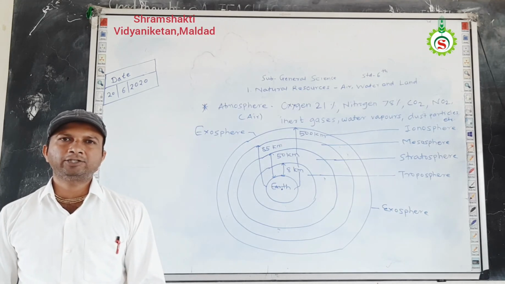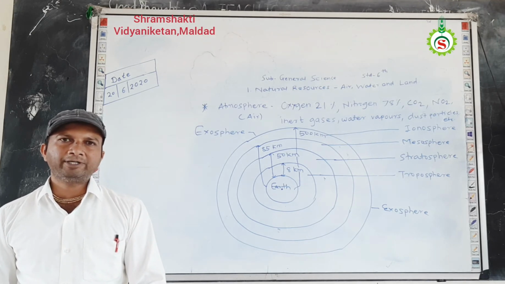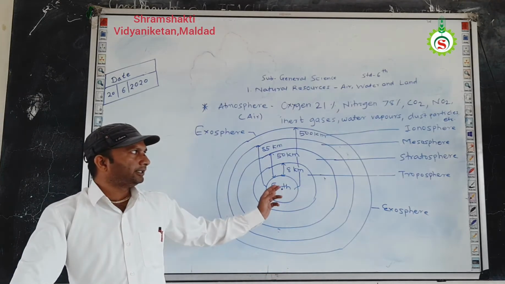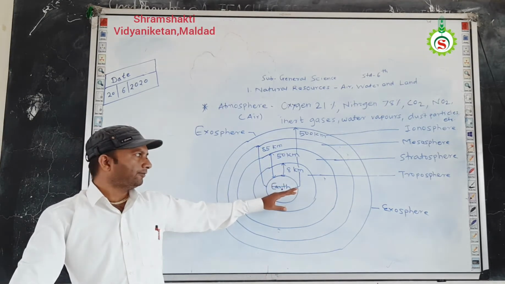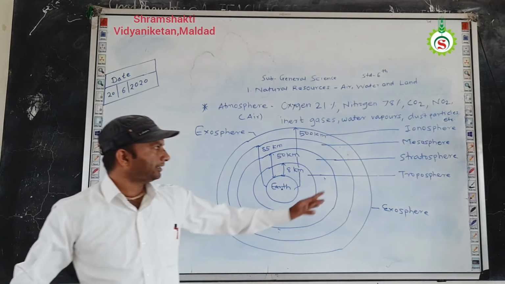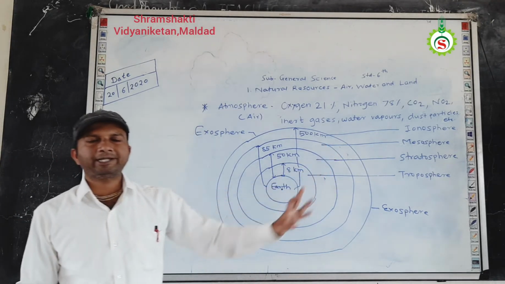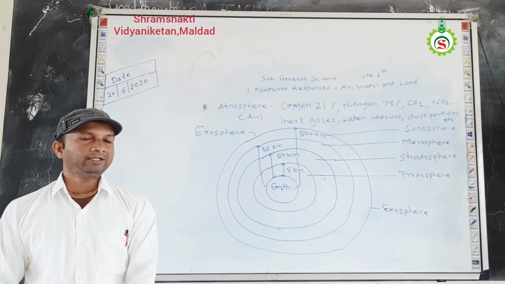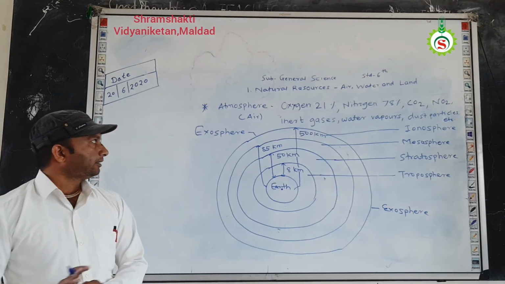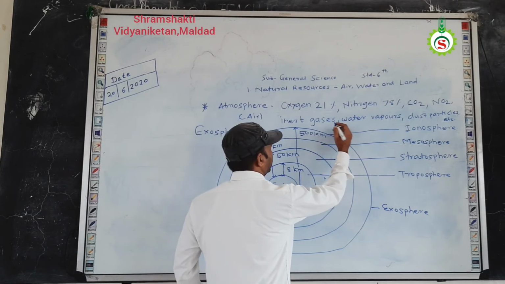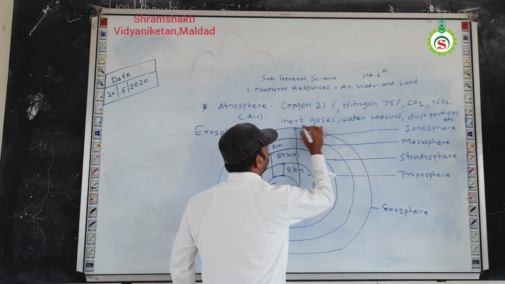In exosphere there is no gas present. Therefore, survival of living things is not possible in the exosphere. So life is only present up to ionosphere from the Earth's surface. Only 4 layers, namely troposphere, stratosphere, mesosphere and ionosphere, consist of living things, and exosphere doesn't. Now, one part which is given after this topic, the inert gases.